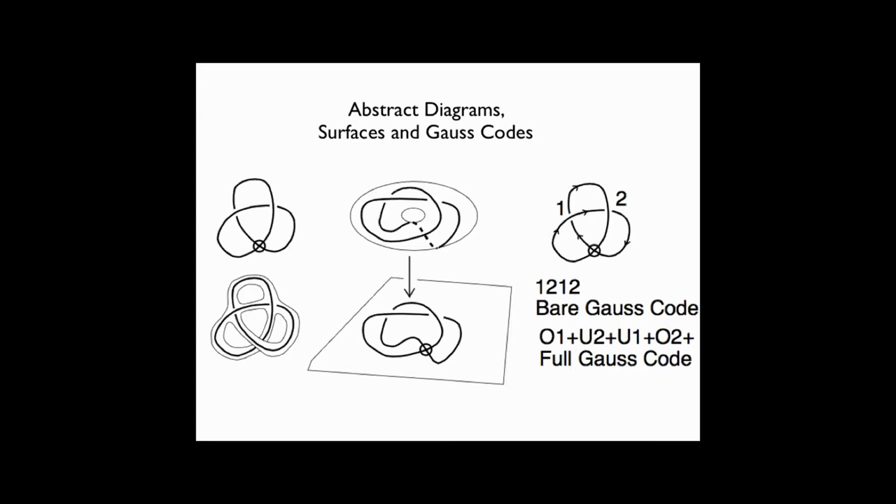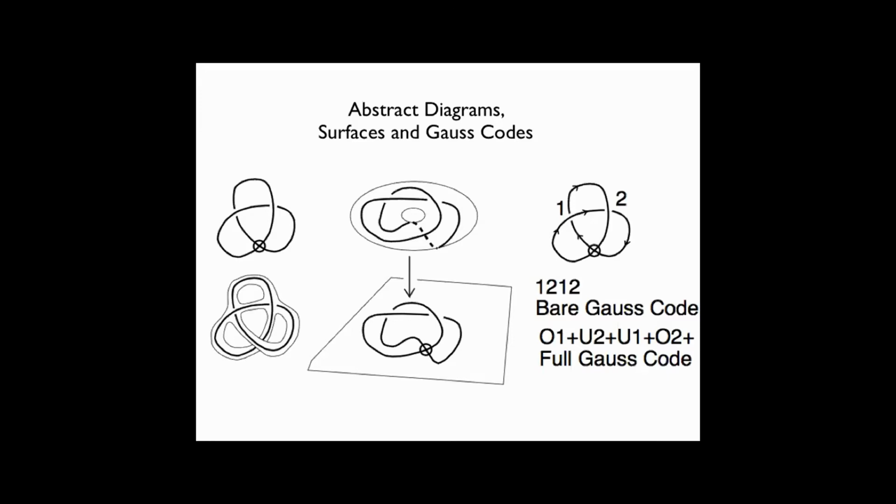And the other thing about the diagram is that it has a Gauss code. So it's worth remarking on the Gauss code right now. Here over on the right in this figure is this same diagram, but now I've labeled its real crossings, and we can walk along them, and then we go 1, 2, and then come back to 1, and then 2. So the bare Gauss code is 1, 2, 1, 2.